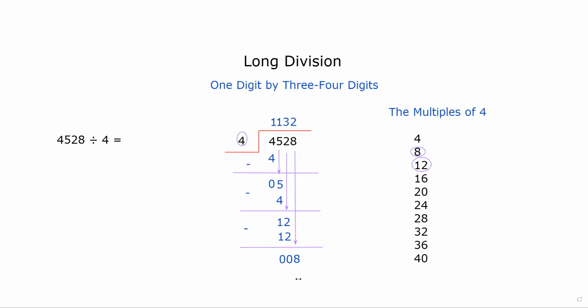So 2 multiply 4 will be 8. And then 8 minus 8 is going to be all zeros. Okay. So my quotient is 1,132, and my remainder is 0. So my answer will be 1,132.